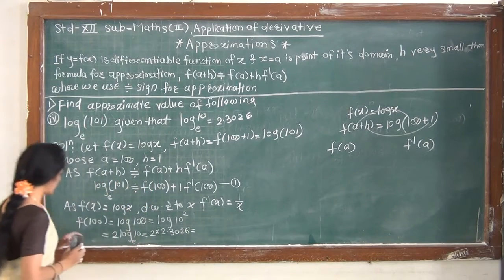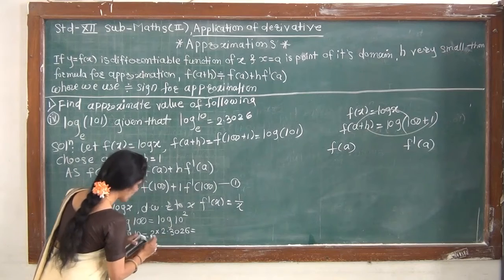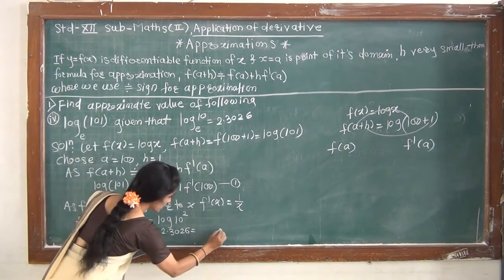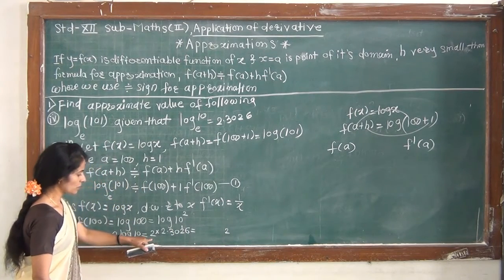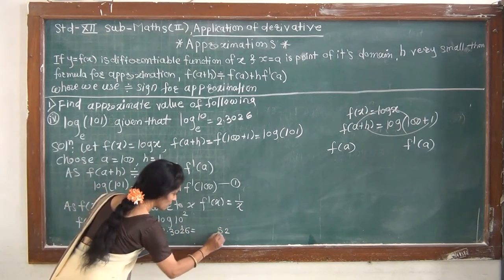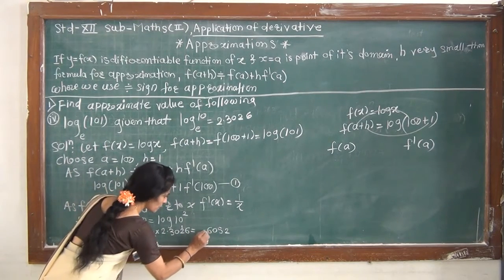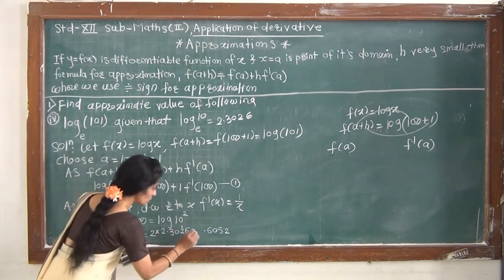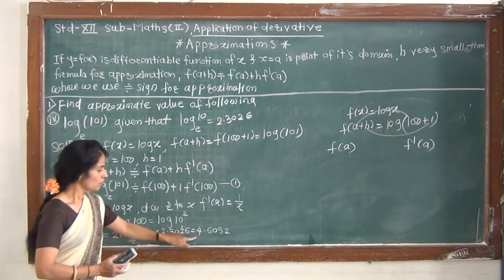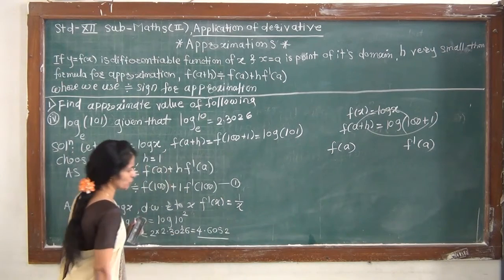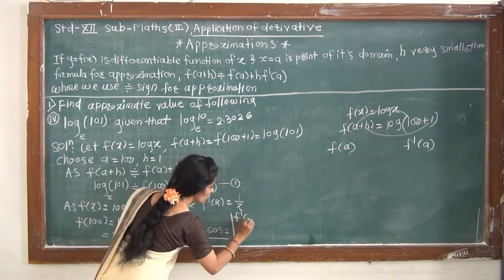So firstly we find f of 100 here. What do we get after multiplying? 2 6s are 12, carry 1, 2 2s are 4, 4 plus 1 is 5, 2 3s are 6, 2 2s are 4. So the value of f of 100 is 4.6052.